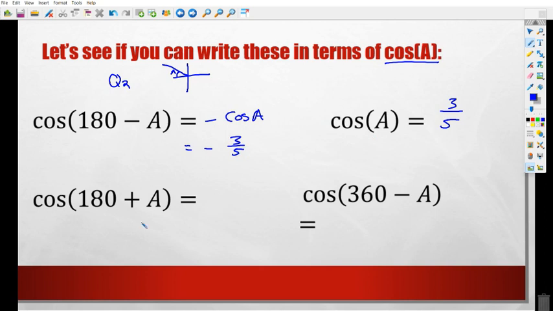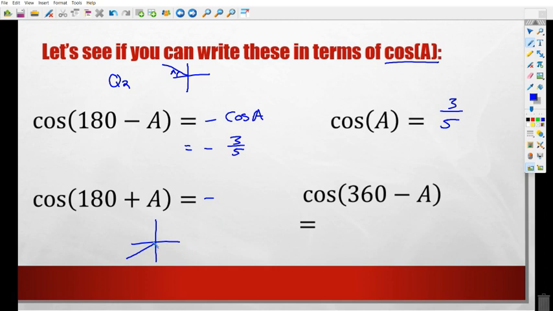Cool. Let's see if we can do cos of 180 plus A. Let's visualize quickly and draw a little sketch, if you want to. I'm going to 180, there's 180, and I'm plusing A degrees, so I'm over here. Which quadrant is that? It's quadrant 3. Cos is what in quadrant 3, positive or negative? Negative.